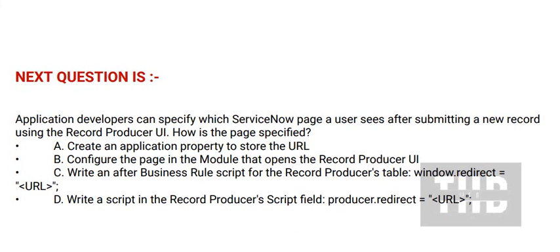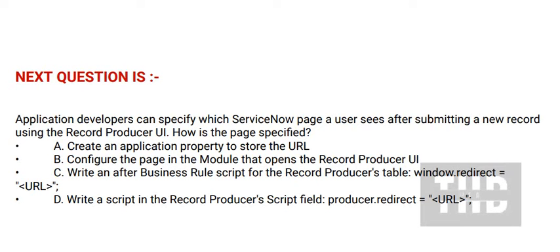Next question is, application developers can specify which ServiceNow page a user sees after submitting a new record using the Record Producer UI. How is the page specified? Option A, create an application property to store the URL.